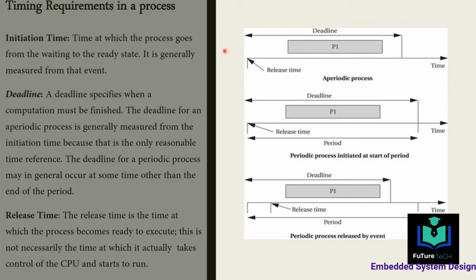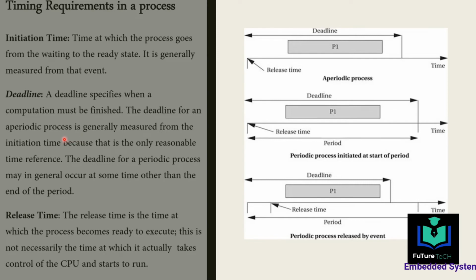And the next one is called the deadline. A deadline specifies when a computation must be finished. You are entering into a specific interval of time, and within that specified interval of time, the computation should be finished. Now the deadline for an aperiodic process. A process can be divided into periodic as well as aperiodic.